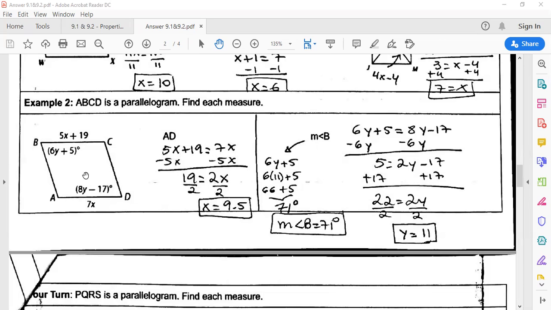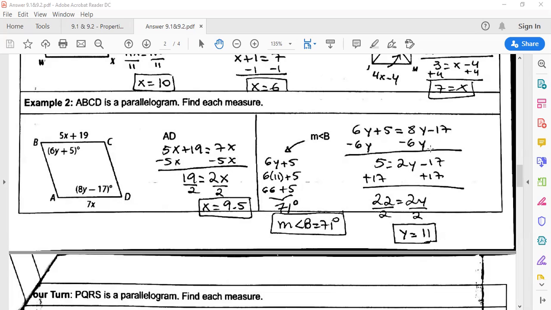So when x is 9.5, BC is congruent to AD. Now I want to find angle B. Angle B is 6y plus 5 and angle D is 8y minus 17. What's the relationship between opposite angles? Opposite angles of a parallelogram are congruent, so you set these two expressions equal and solve for y. 6y plus 5 equals 8y minus 17.